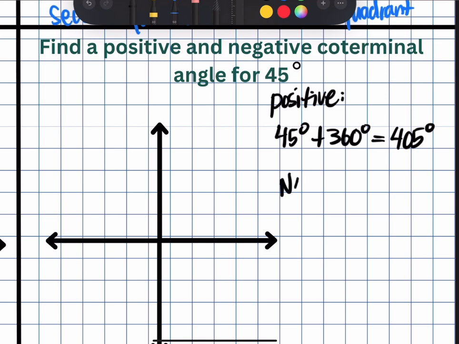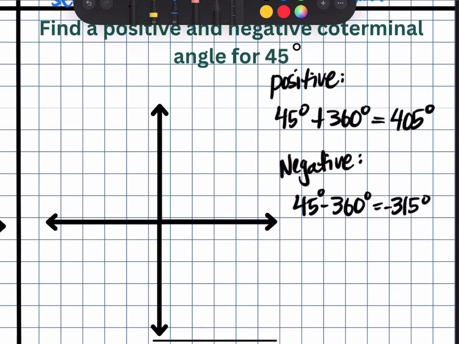And for my negative coterminal angle, I'm going to take 45 degrees and subtract 360. And that's going to give me negative 315 degrees. Okay. So let's see if these land in the same place as 45.